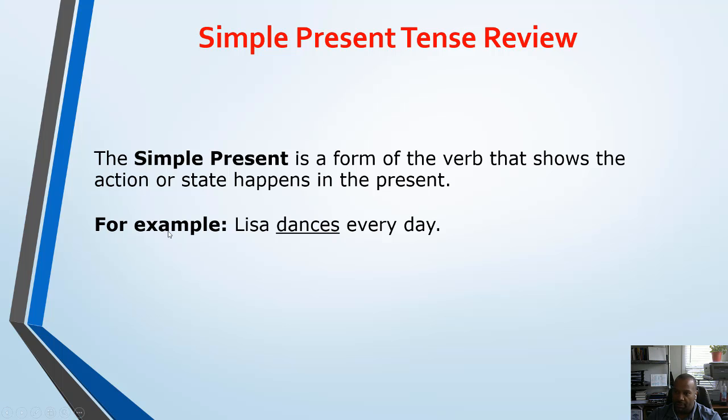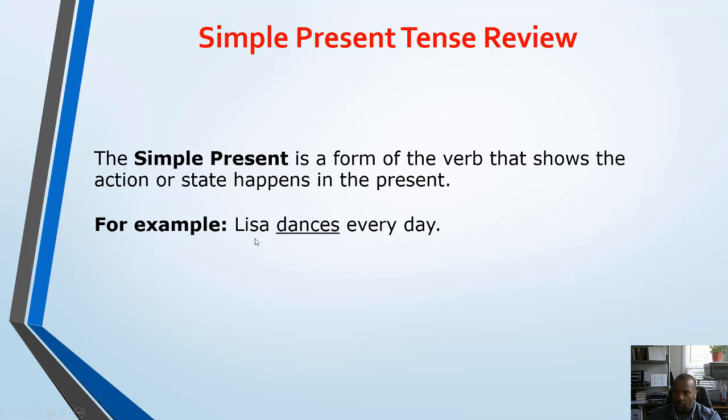An example of this is: Lisa dances every day. Let's think about the forms that we use. Lisa dances every day. You could also say she dances every day. How we change this verb depends on who or what we're talking about, the subject.